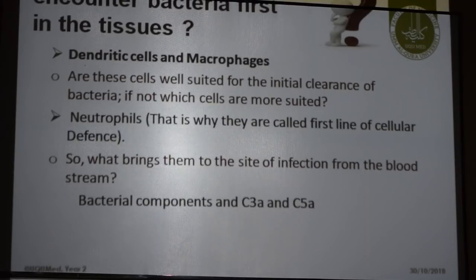Now, are these cells well suited for the initial clearance of bacteria? If not, which cells are more suited? What do you think? The question is, are dendritic cells and macrophages good for initially clearing the bacteria? Are they strong enough to kill the bacteria initially?